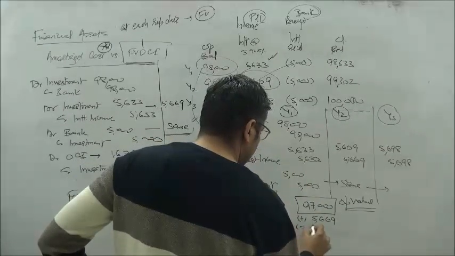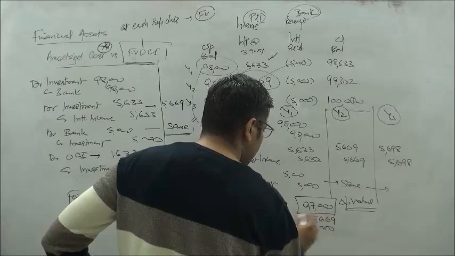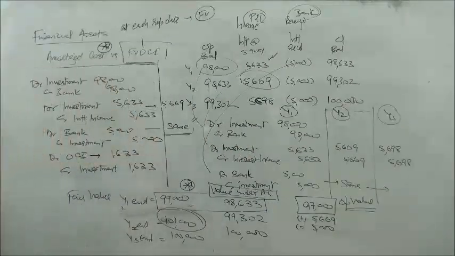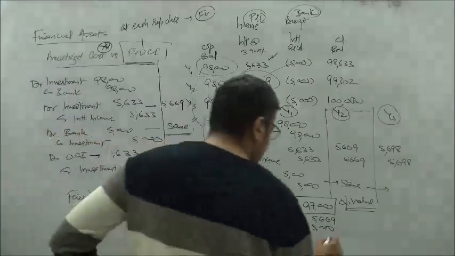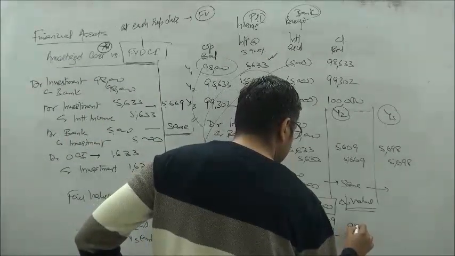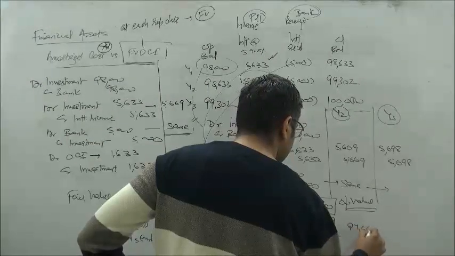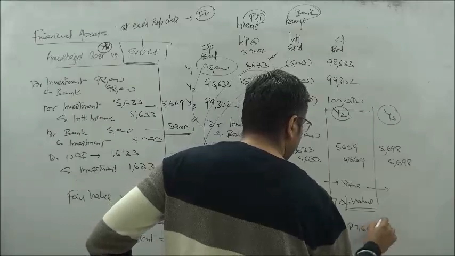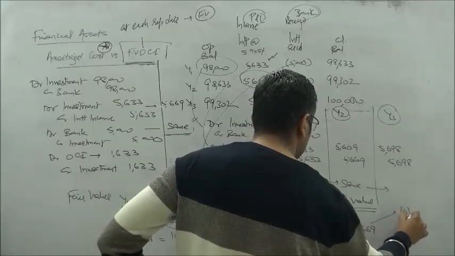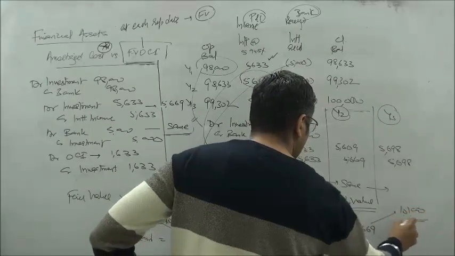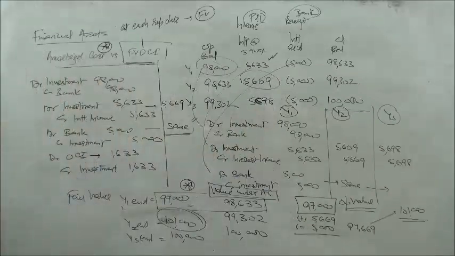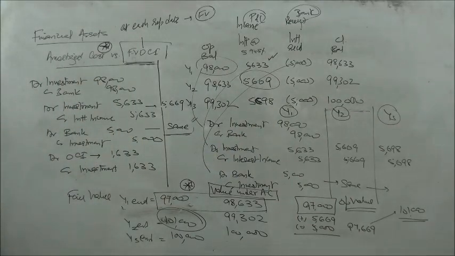Then I received 5,000 back. So effectively I have the value of 97,669, but I need to show this at 101,000.